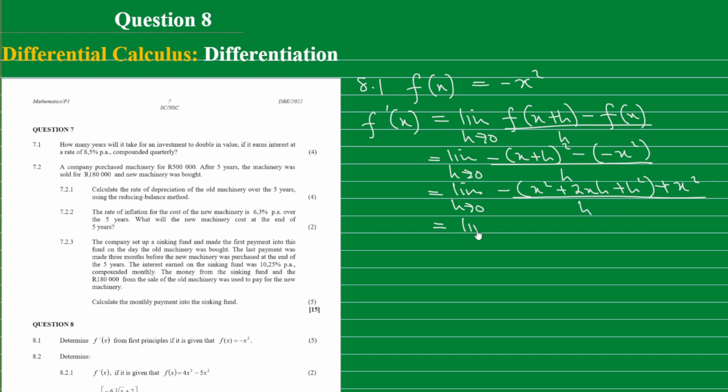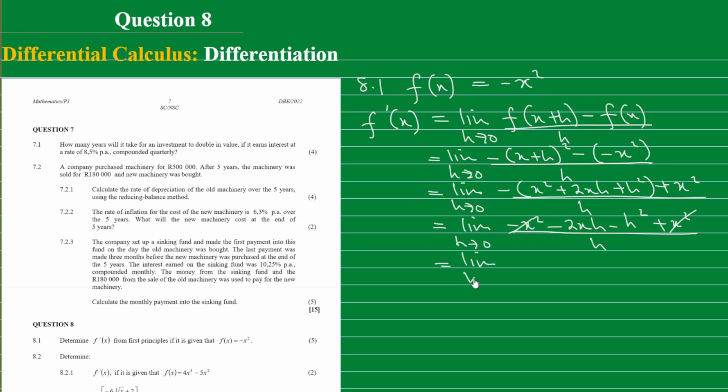Then multiplying by the negative, we'll get negative x squared minus 2xh minus h squared, plus x squared over h. Now the x squared terms will cancel out.